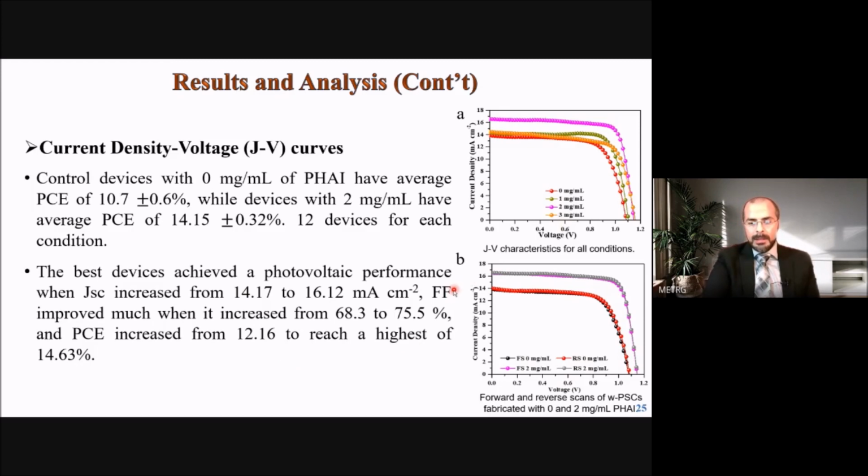Also, fill factor, FF, improved from 68.3 to 75.5%. This is a huge improvement. And also, the power conversion efficiency increased. So the efficiency increased from 12.16 to the highest 14.63%. So this is for the best cell that has been tested.